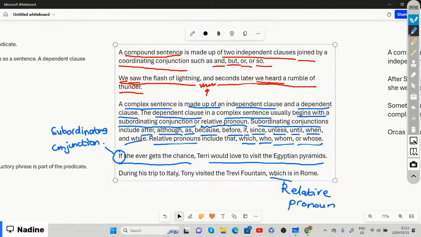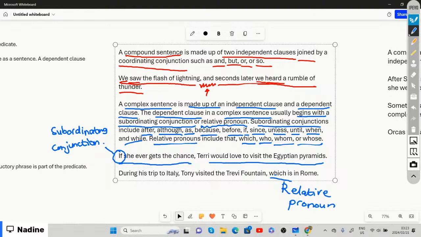Then we have a simple sentence, which is made up of an independent clause. And we said an independent clause can stand on its own, completes a thought, and has both a subject as well as a predicate.